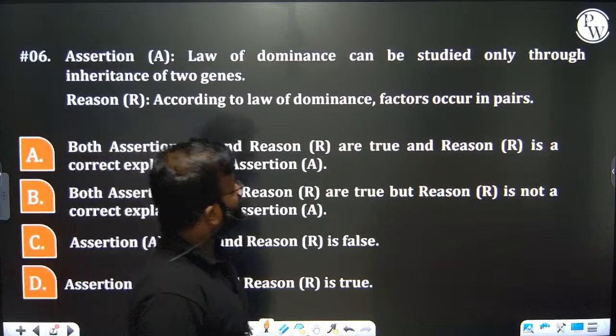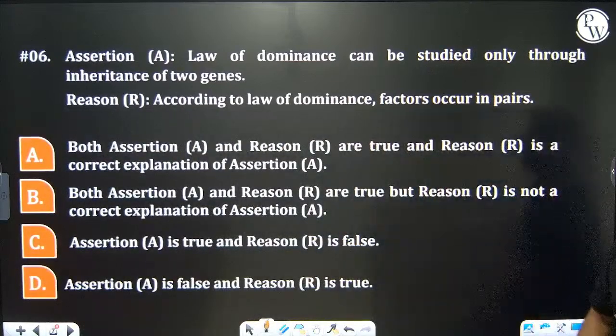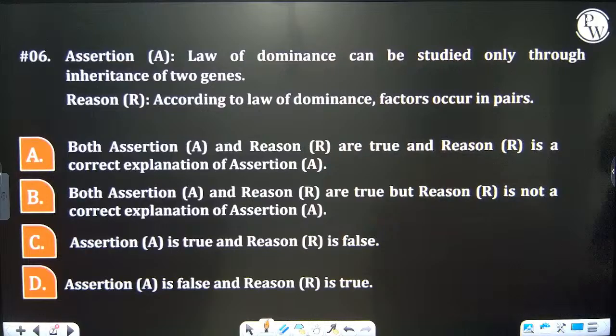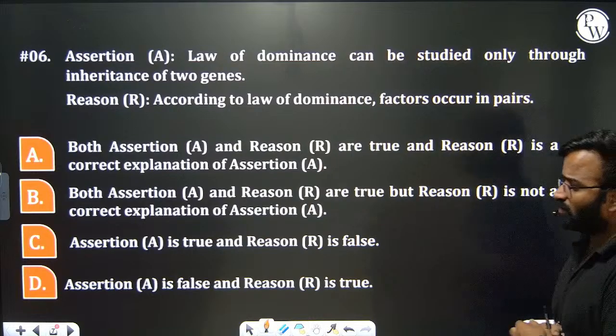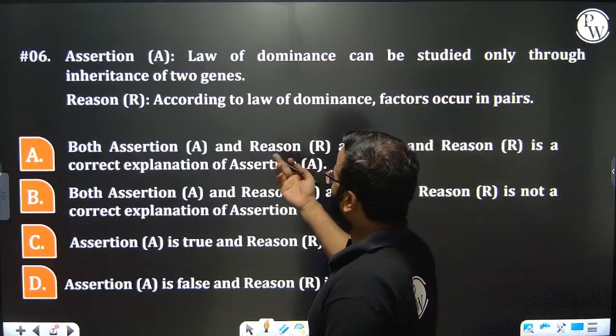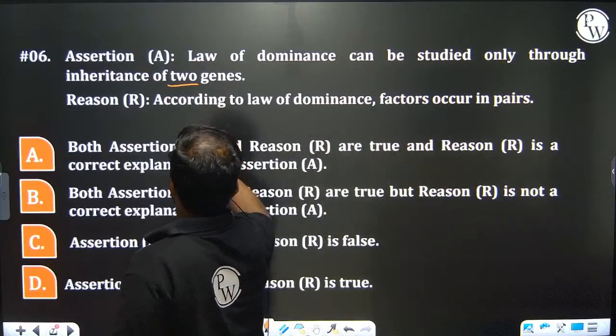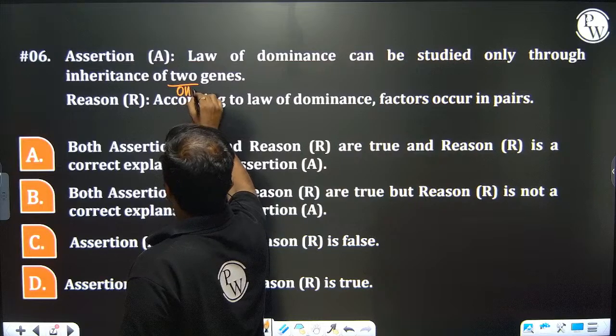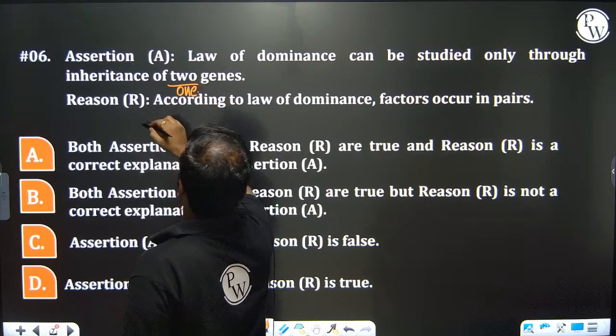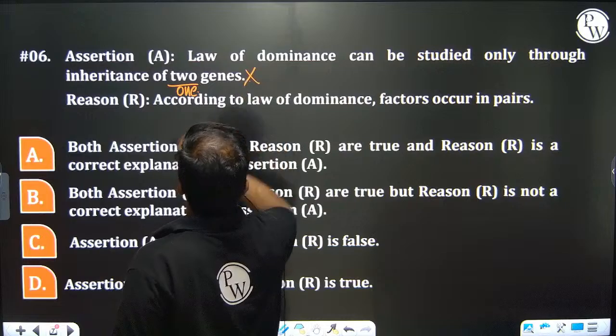Law of dominance can be studied only through inheritance of two genes. Why can't we study with one? We can very much study even with the inheritance of one gene as well, not just two. So it is false.